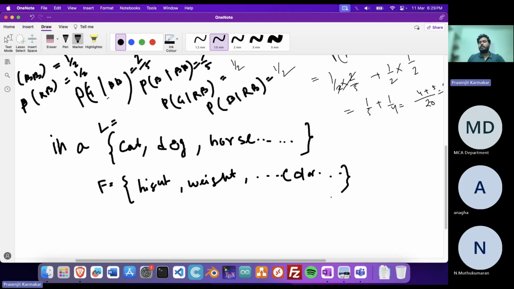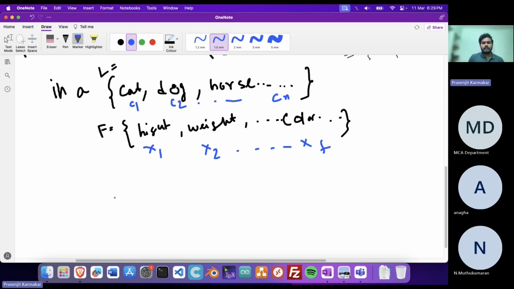Multiple features I have, and we can represent them as classes C1, C2, up to Cn, and features x1, x2, up to xf. Now let's say f number of features, n number of labels.